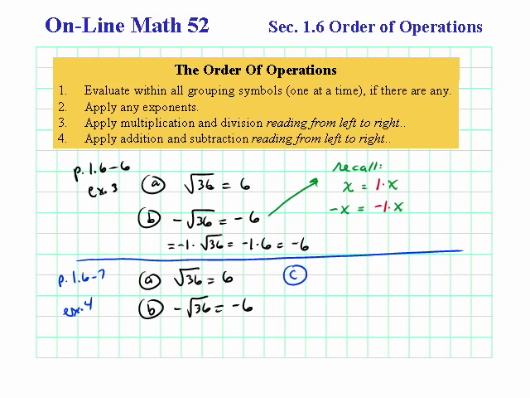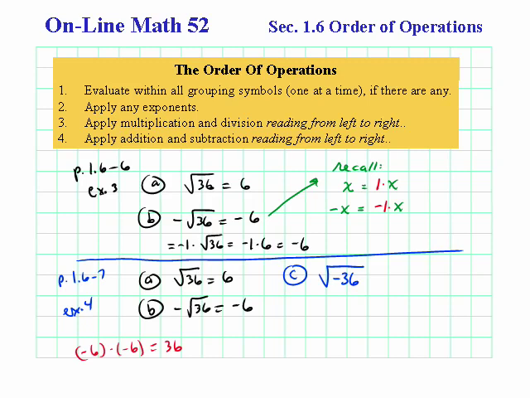C, the square root of negative 36. 6 is a square root of 36 because 6 times 6 equals 36. And actually, we call negative 6 a square root too, if we multiply it times itself. Negative 6 times negative 6 is 36 also.